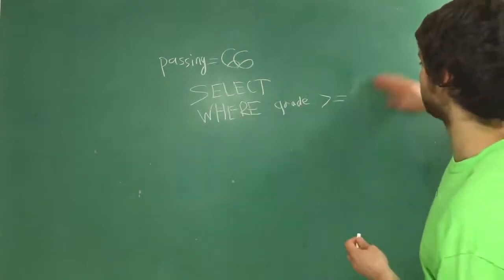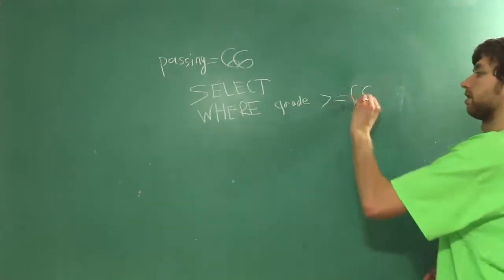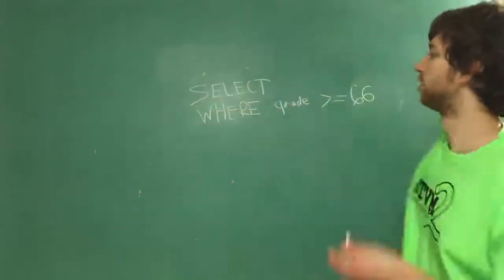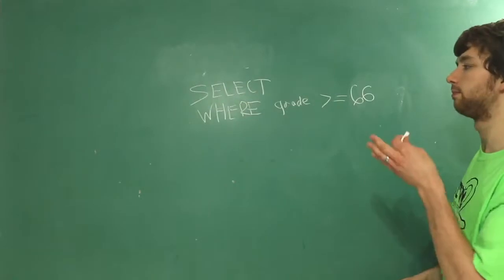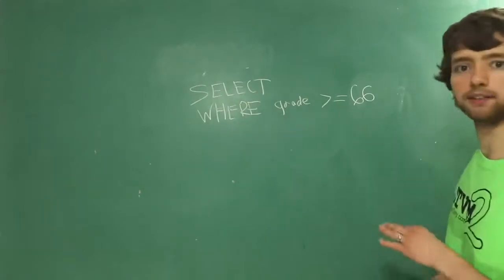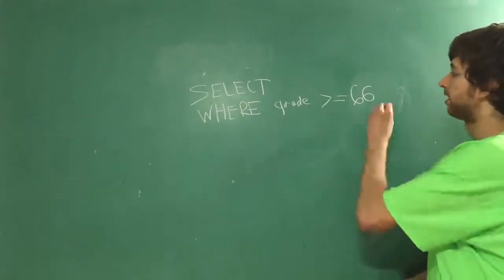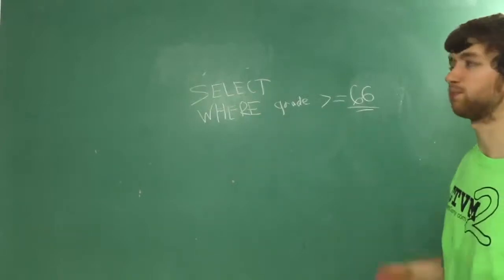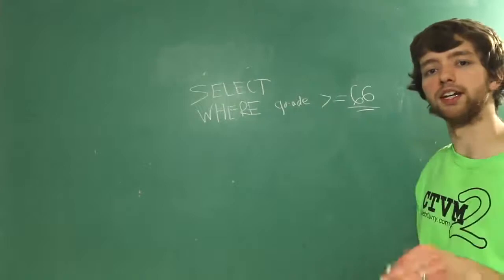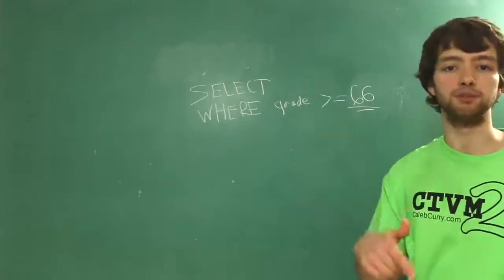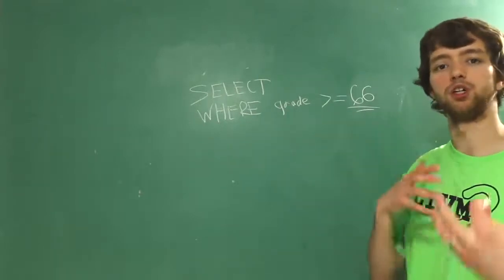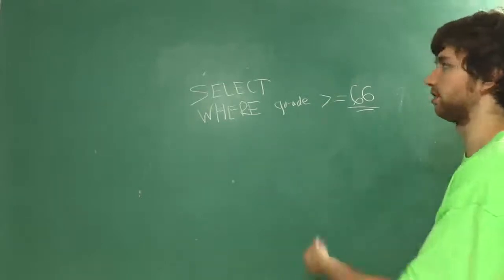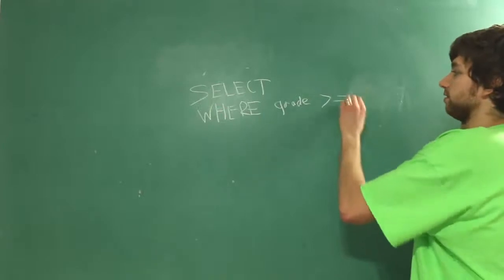But if you just put 66 in here, and you don't have this up here, you might come back and be like, I know I'm selecting something, but I don't really know what, and I don't remember what the significance of this number is. That's an example of simplicity. We're assigning useful names to data, and then we can use that name in place of directly using that data. So instead of using 66, we should definitely use passing.